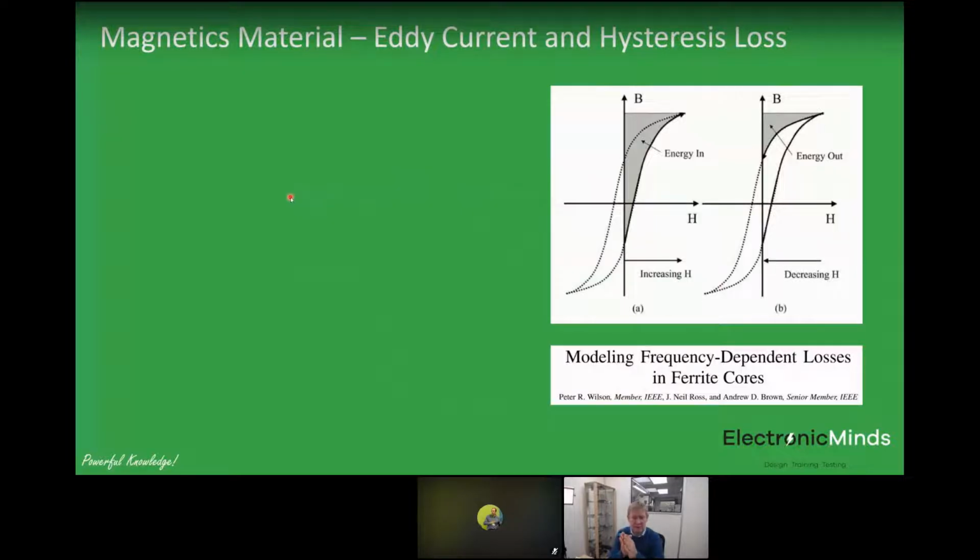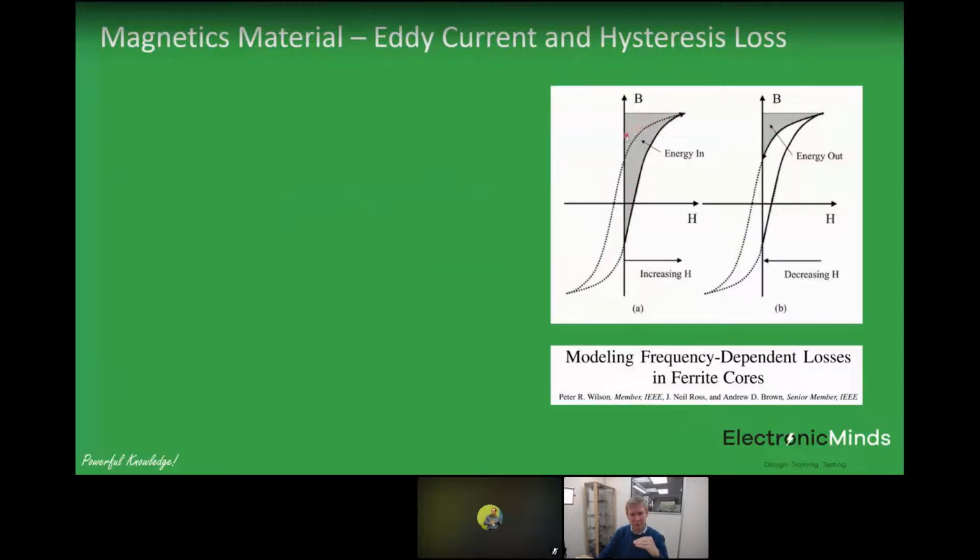And this is just an image I took from a paper to try and help illustrate that. With a magnetic material, as you exercise the flux density up and down, you're moving around this BH curve, which is a nonlinear curve. In the first plot A here, as we increase the MMF, we start to move round this curve on the bottom trace.